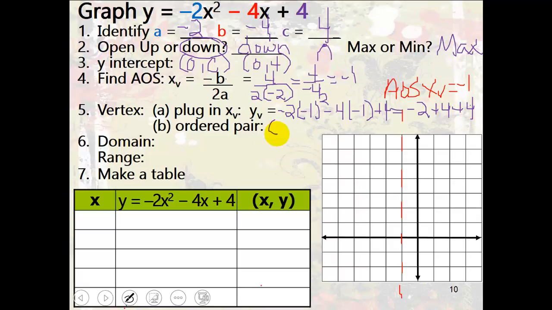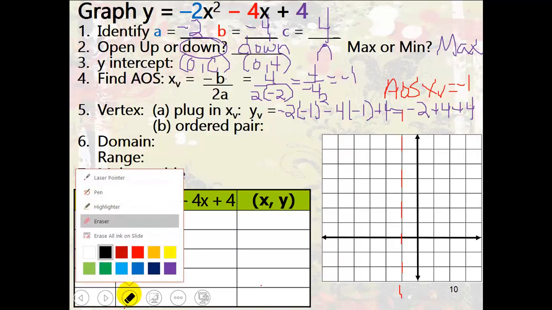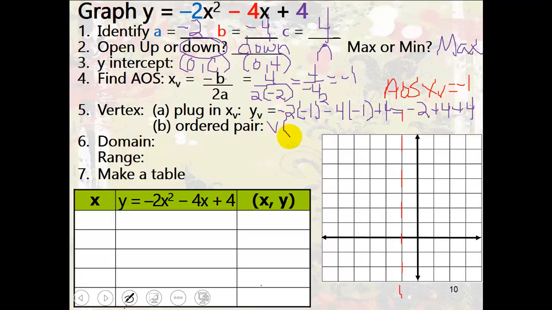So my ordered pair for my vertex, we label it with a V, is negative 1, 6. So let's put that on the graph. Here it is right here. There's my vertex. Okay? The domain is always negative infinity to positive infinity.